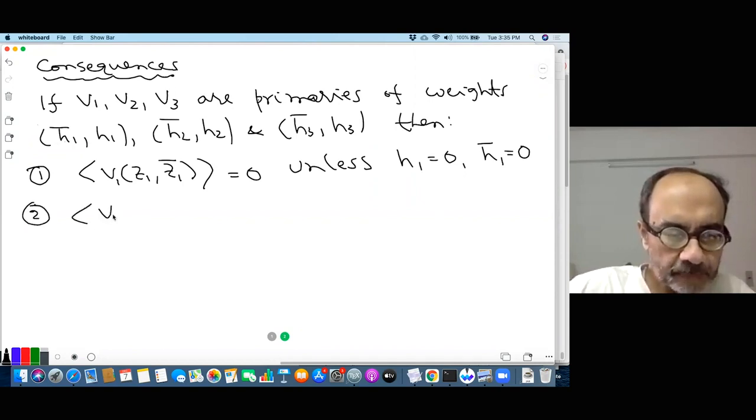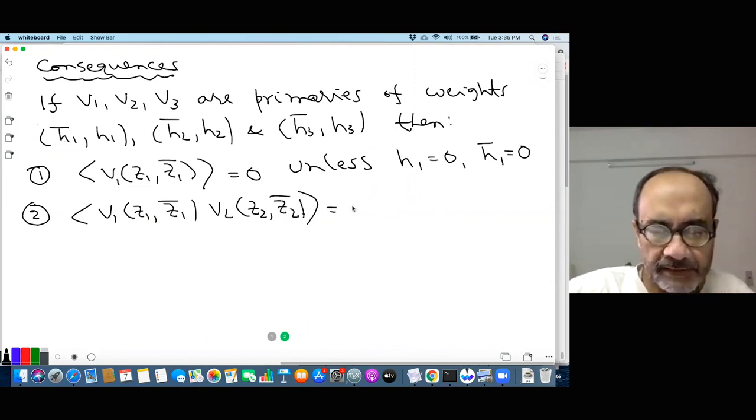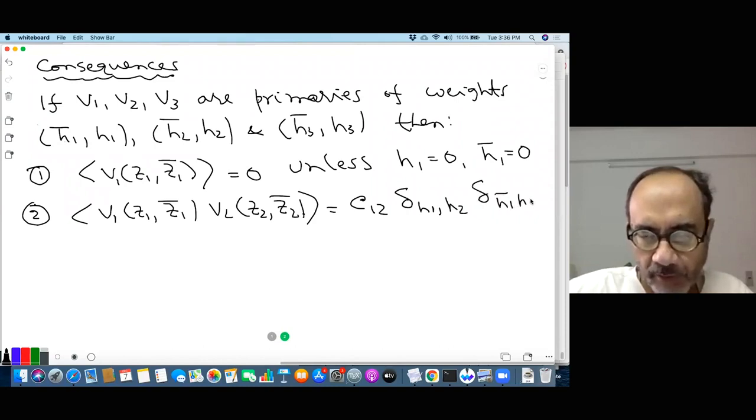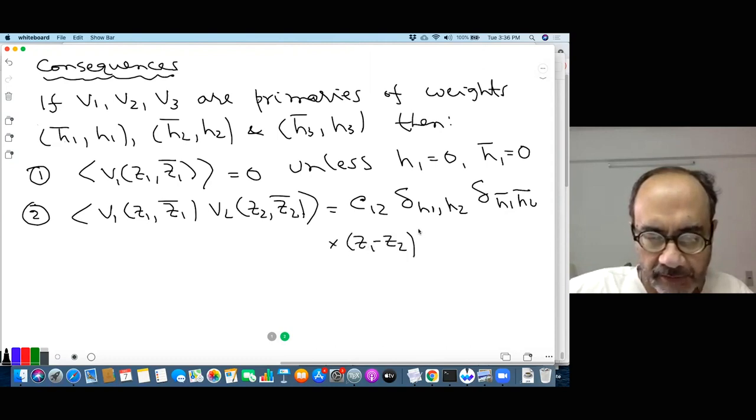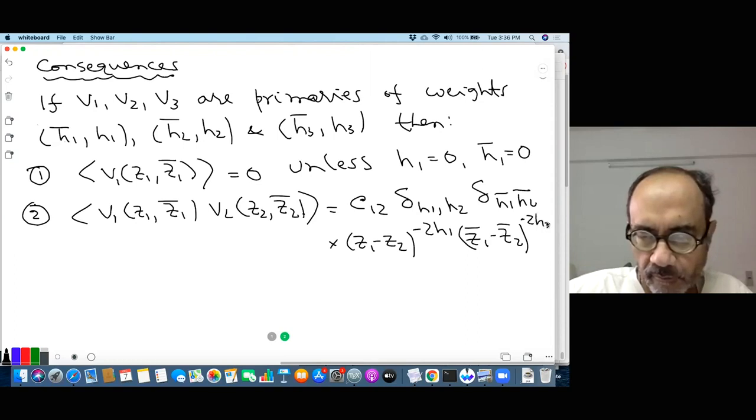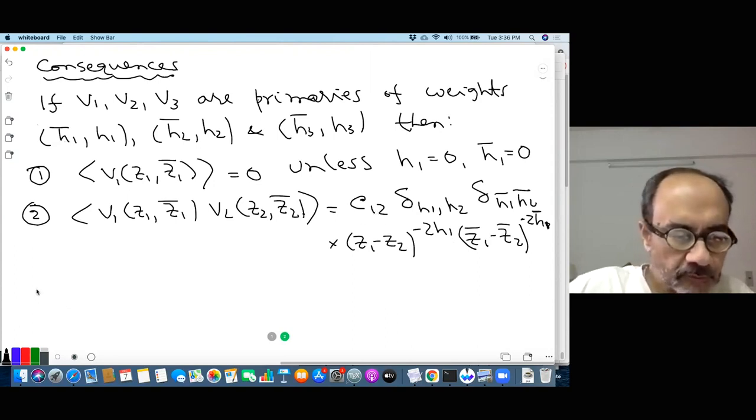Two-point function has the structure of some constant C12, where you have to have H1 and H2 equal, H1 bar and H2 bar equal, and then we have (Z1 minus Z2) to the power minus 2H1, (Z1 bar minus Z2 bar) to the power minus 2H1 bar, where C12 is some constant. And then you have a relation on the 3-point function.